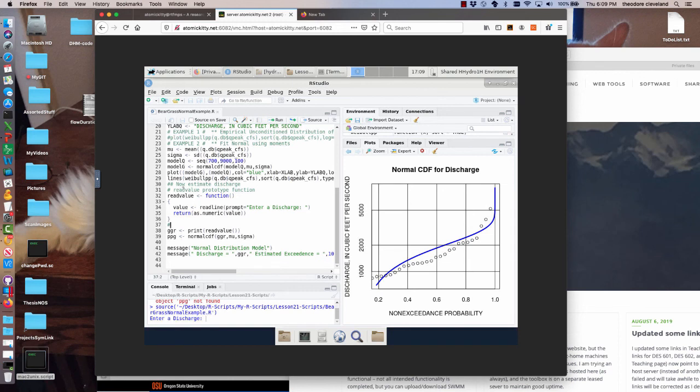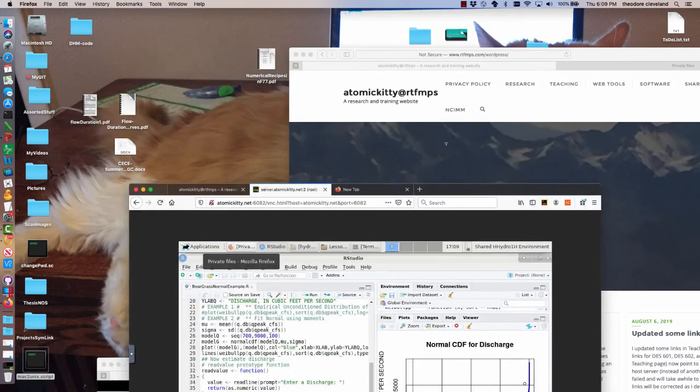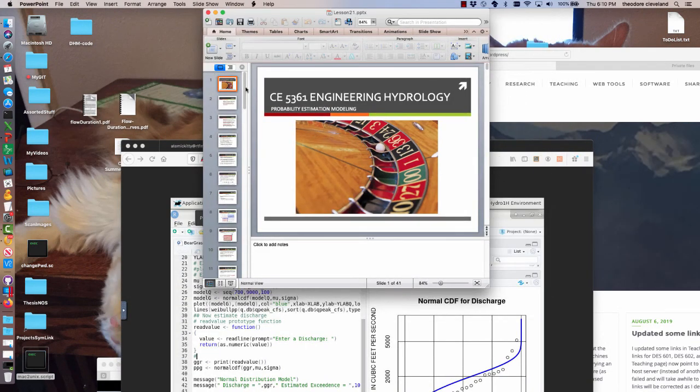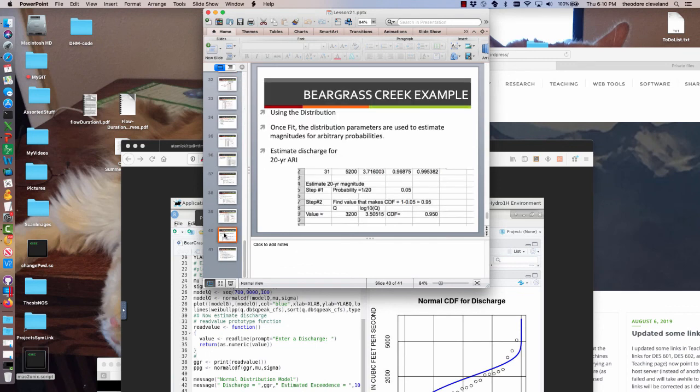It didn't read in this prototype function correctly. So now we're going to enter a value for discharge. And let's quickly go back to the presentation and see what value is worth checking.